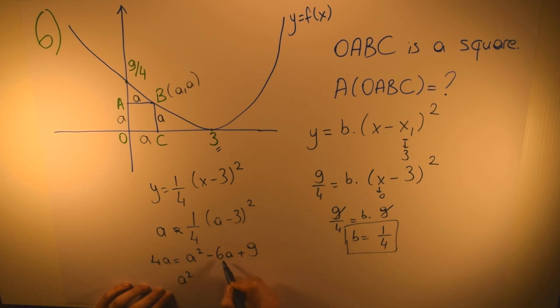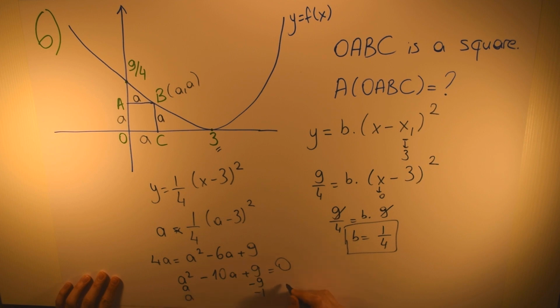This is 4a, it will go like minus 4a, and it will become a squared minus 10a plus 9, which is equal to 0. So from here we can write this as (a minus 9)(a minus 1). Yeah, it will make minus 10a. So from here a is either 9 or a is equal to 1.